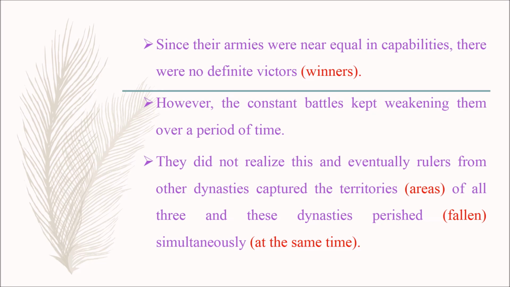However, the constant battles kept weakening them over a period of time. They did not realize this, and eventually rulers from other dynasties captured the territories. Here, territories means areas of all three, and these dynasties perished, which means fallen simultaneously, which means at the same time.